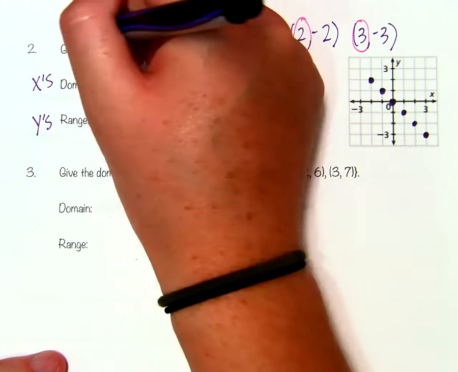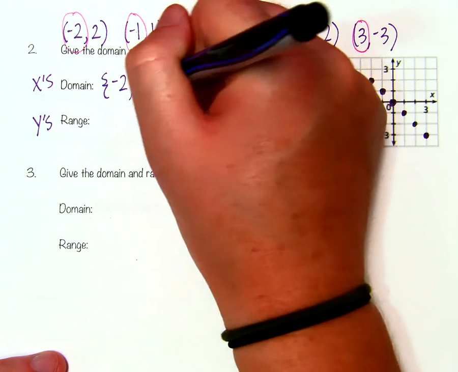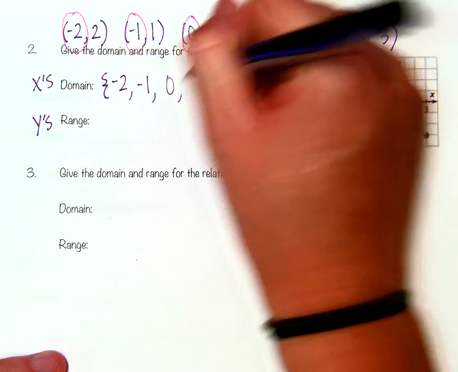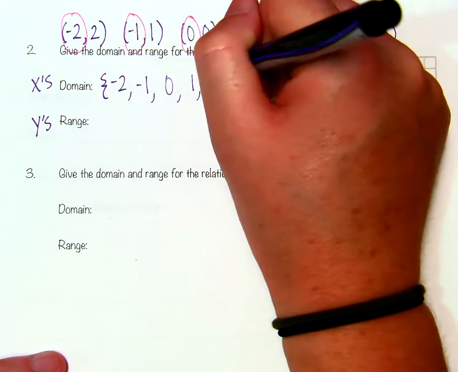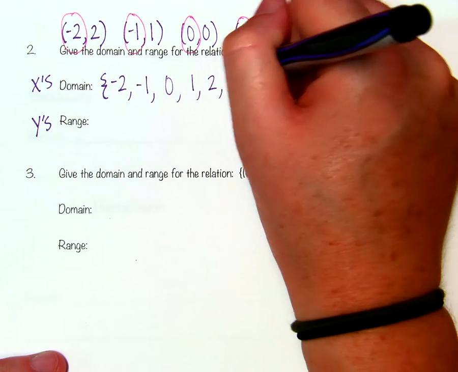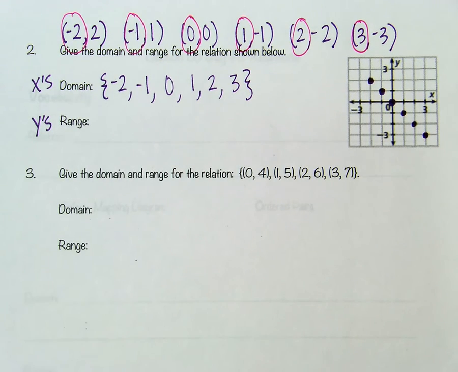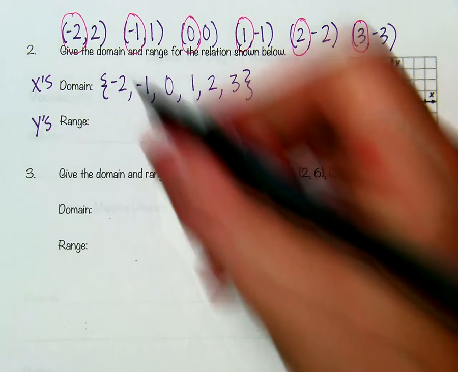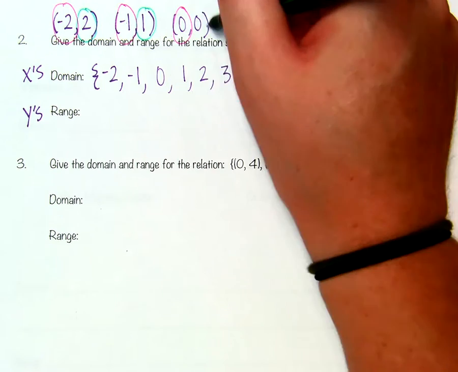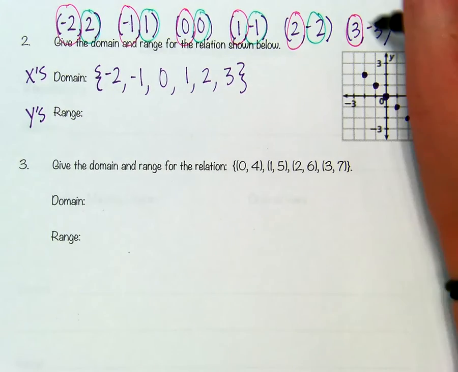So the smallest one is -2, then -1, 0, then 1, then 2, and then 3. Close it up. For the range, these are your y's. So my range, my y's, are sitting in that second spot of all of my parentheses.